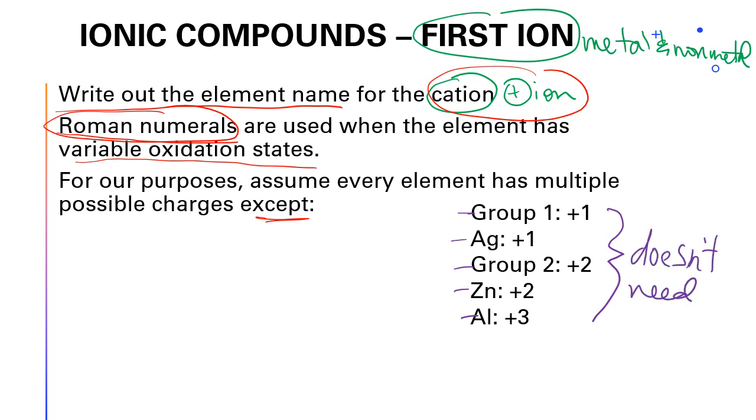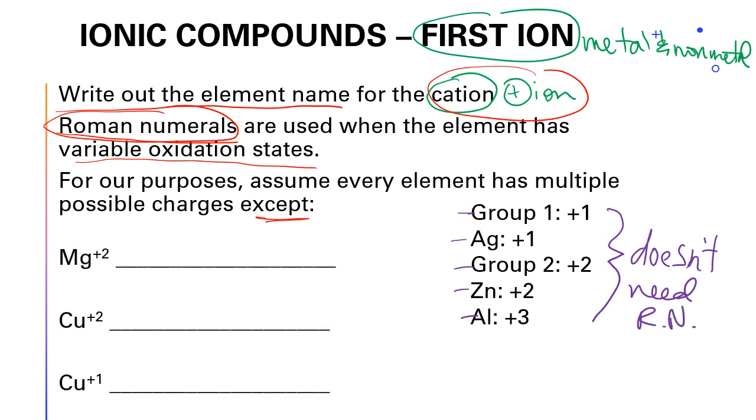So if I were to have Mg, that's the word magnesium, and magnesium is in group 2, so it doesn't need a Roman numeral, so Mg 2+ is just magnesium. If I were to have Cu, Cu is copper. Copper is in the transition section. It is not group 1, it's not group 2, it's not silver, zinc, or aluminum.